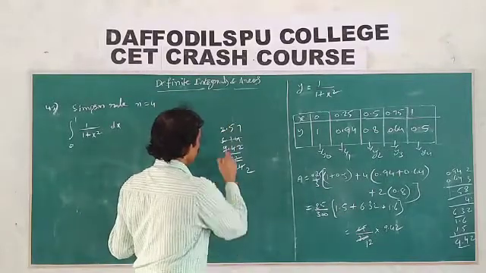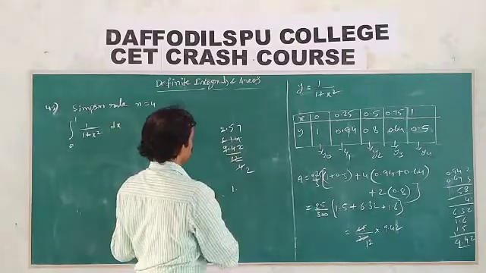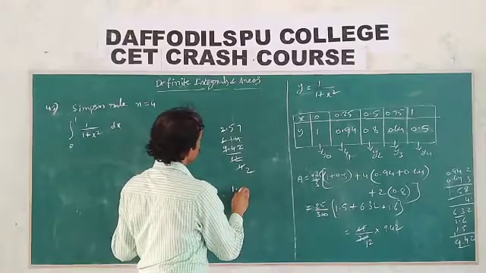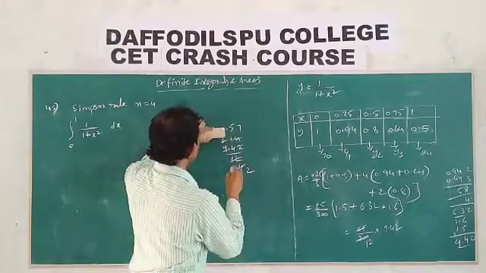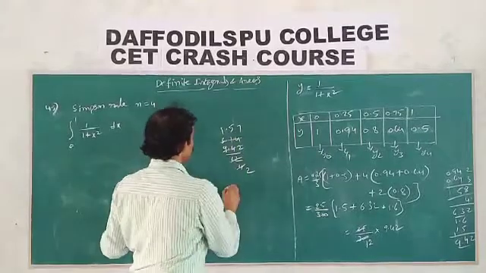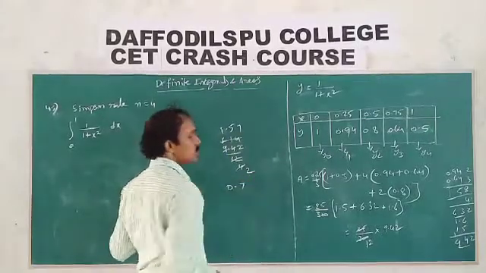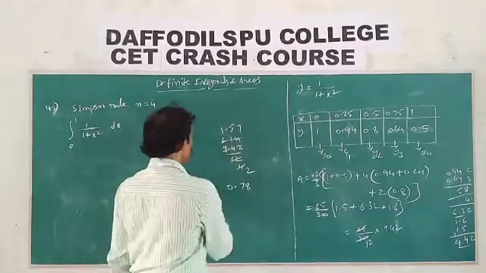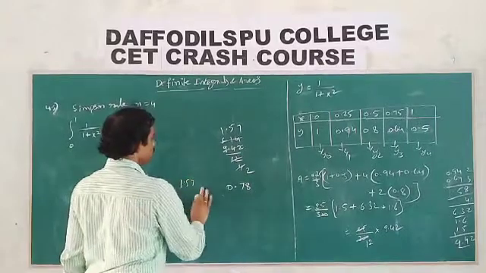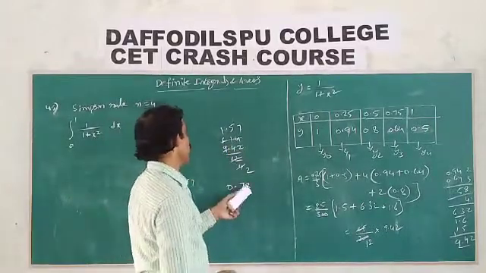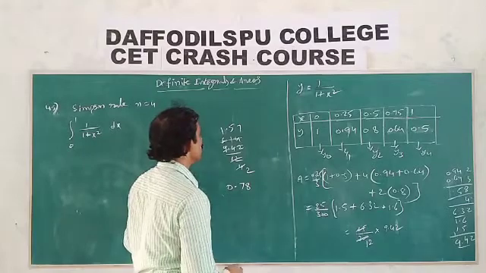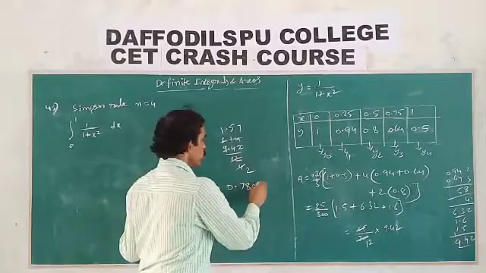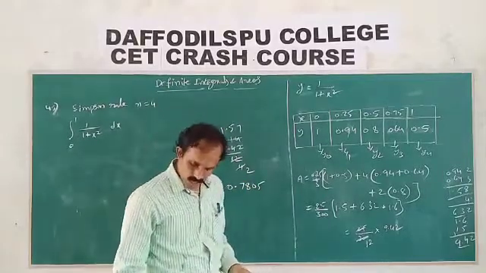Now 0.15 means 7 and 14. So 2 8s, so 1.57. So this can be written as 7 8, and 2 5s. That is the option.